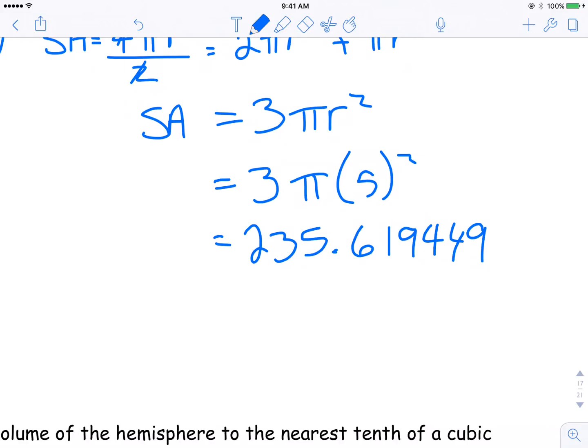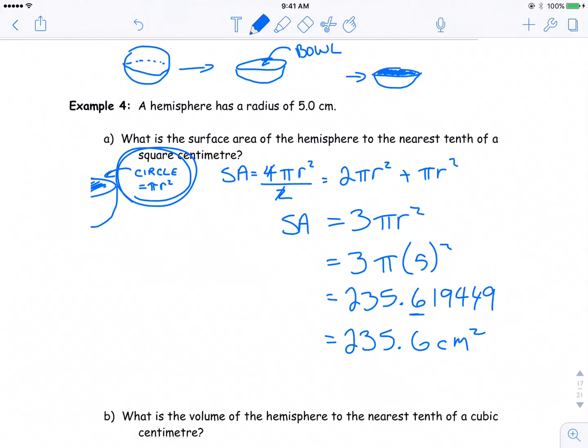Yep. And then it says to the nearest tenth of a square centimeter. Nearest tenth is 1 decimal place. 235.6 centimeters squared, because it is area.